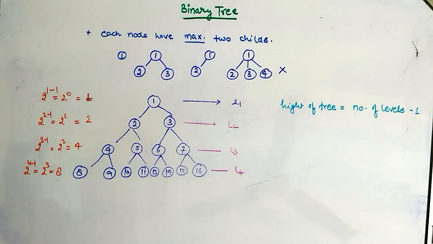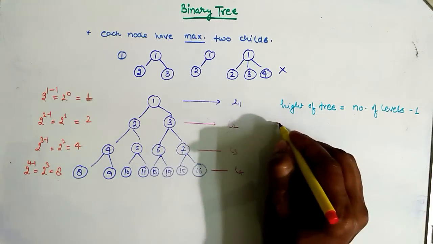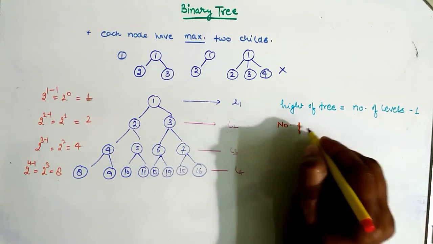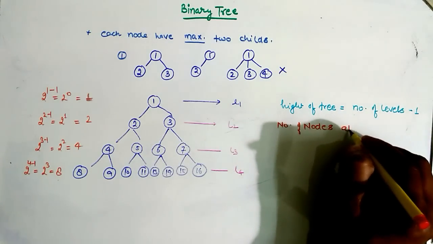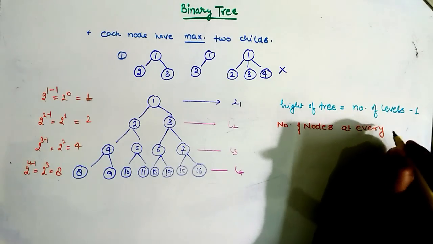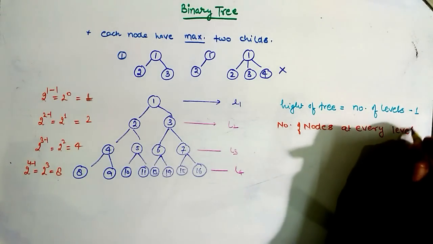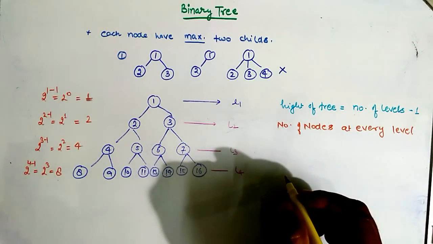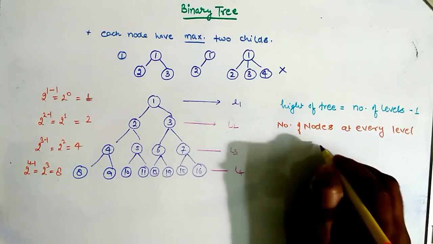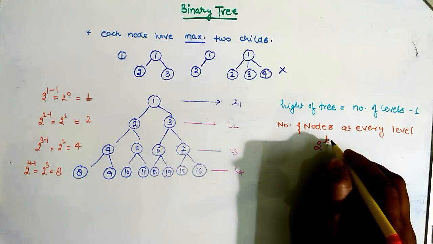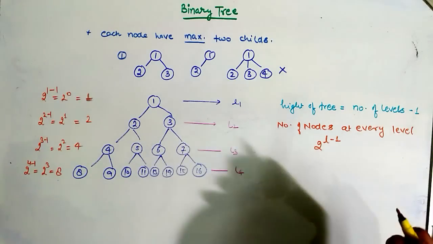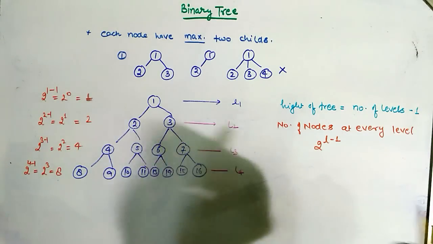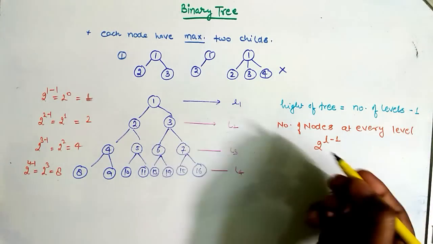Okay, so if we want to calculate the number of nodes at every level in a binary tree, then it would be 2 to the power L minus 1, where L is the level at which we want to find out the number of nodes, and it is the maximum number of nodes.